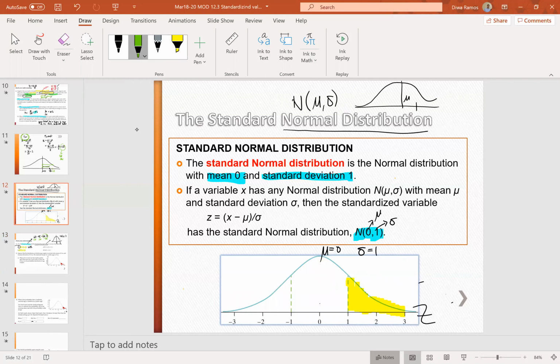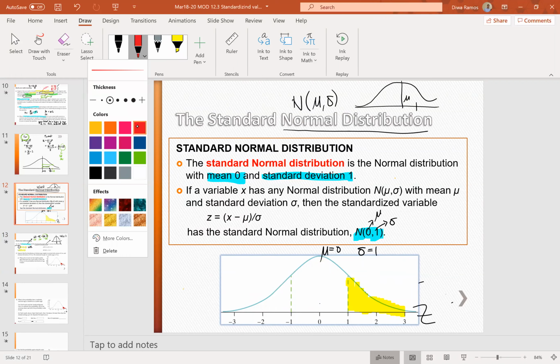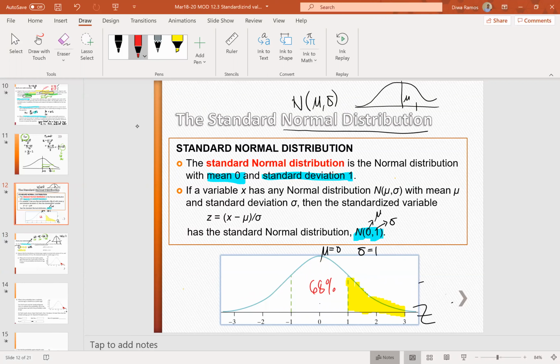So we know this is 68%, that's 1 standard deviation from here to there. How many percent will it be if we split 1 standard deviation into half areas?